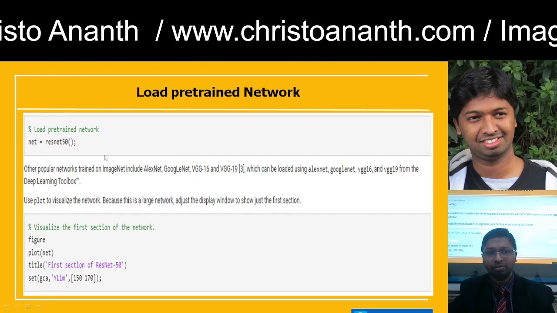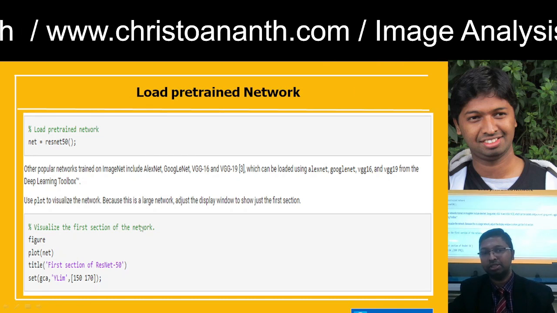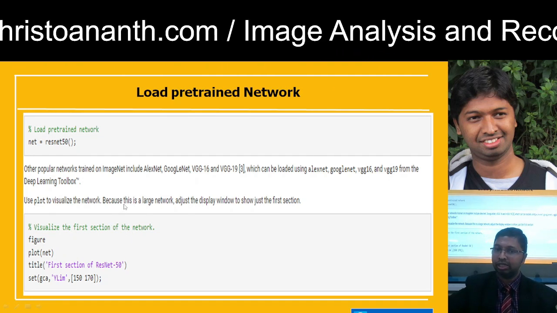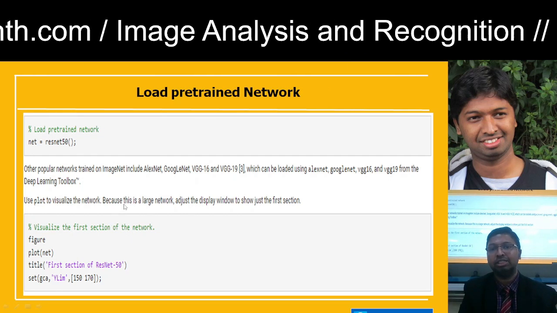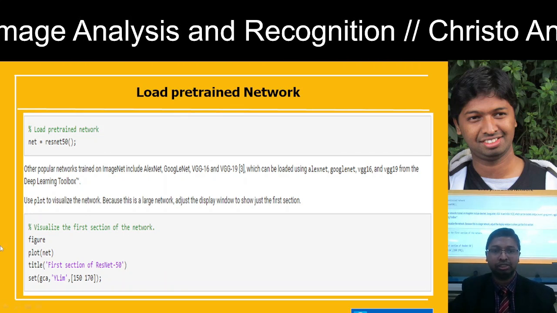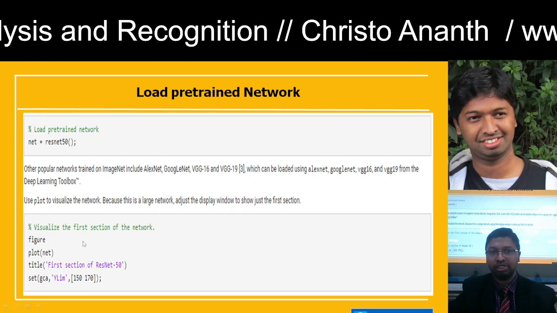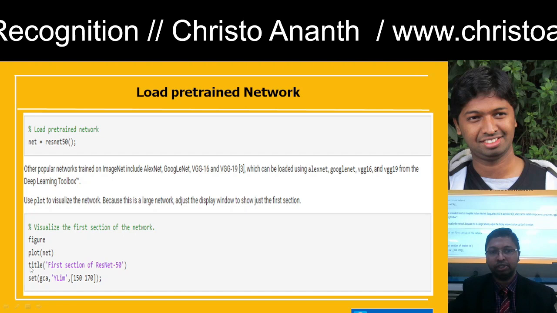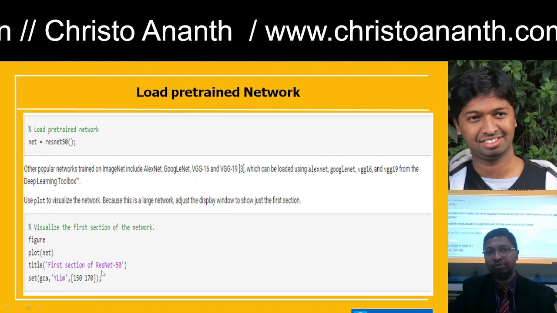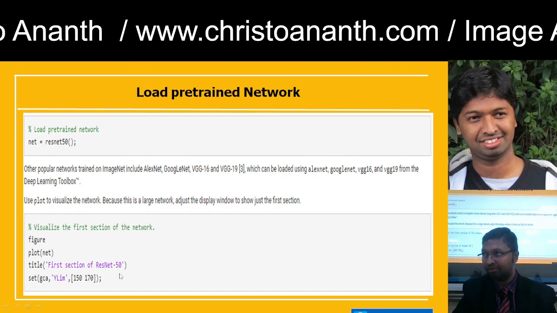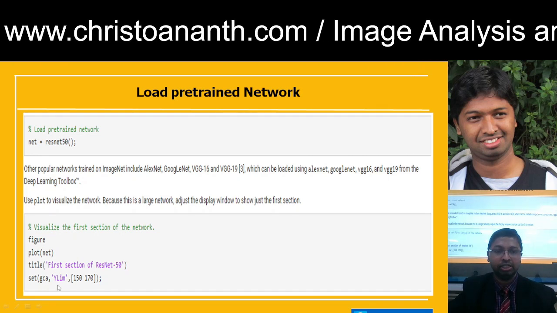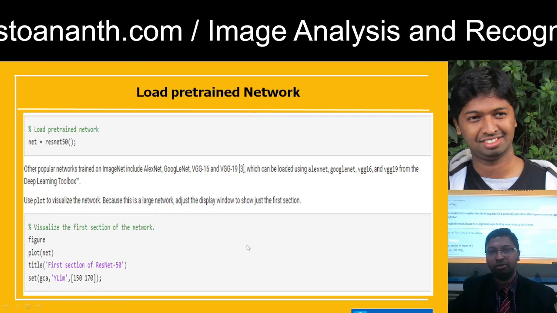You can use plot to visualize the network. Since it's a large network, you are going to adjust it in order to show a section. You are going to visualize the first section: figure, plot of net, title first section of ResNet 50, because we are only showing the first section. Set GCA x lim 150, 170.